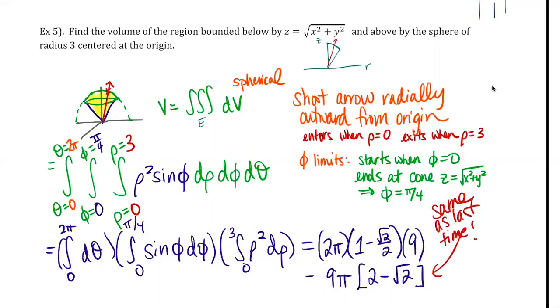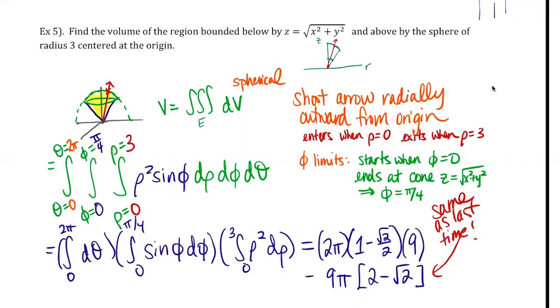Okay, so there's your rho that's starting at the origin, exiting when rho is 3. And then your phi, you can see that the smallest phi is going to be right up here along the positive z-axis. And then the largest phi is coming from this full angle. So we just have to figure out what that is.